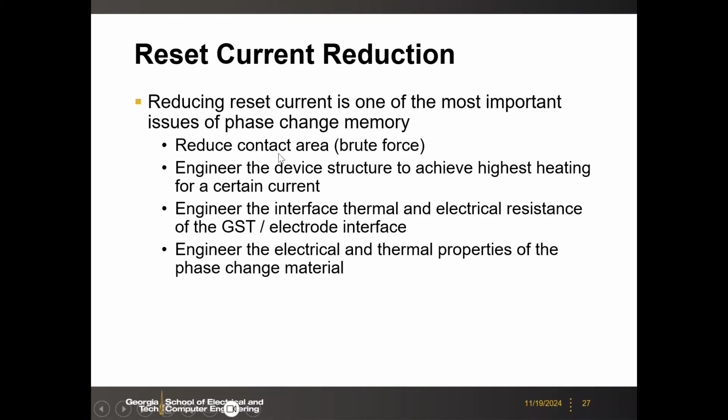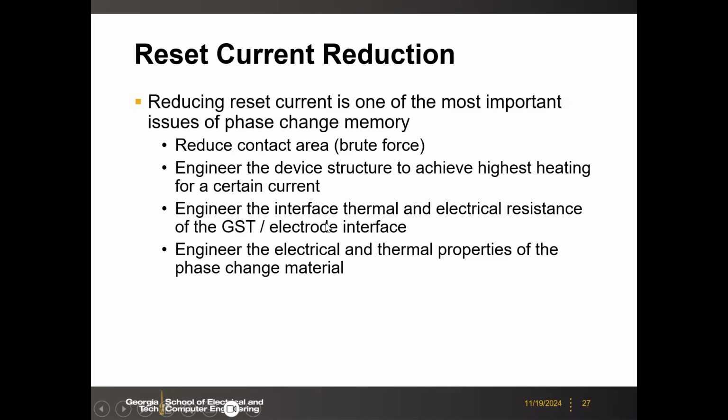So here, there are a few approaches. The first one is to reduce the contact area, so make the device smaller. So you don't need to melt a large area of the material, right? And then you can also engineer the device structure to make the heat generation more efficient and the heat dissipation more localized.